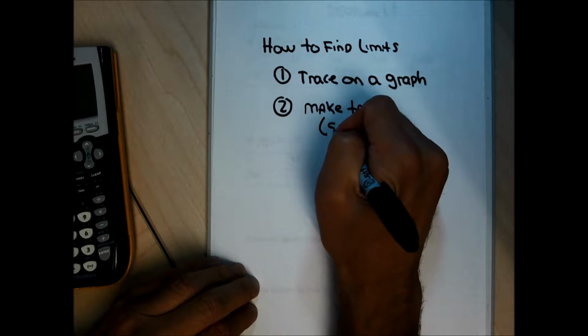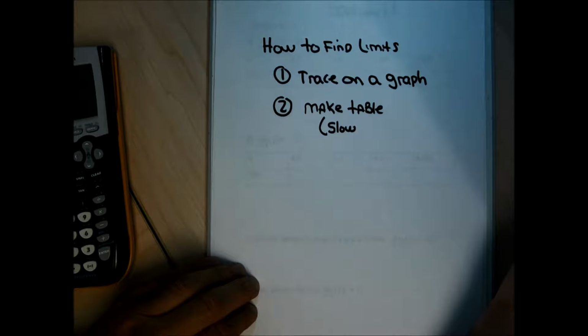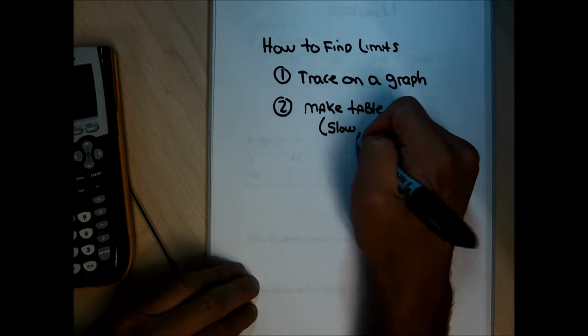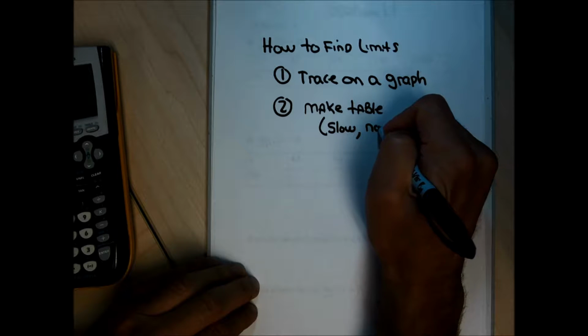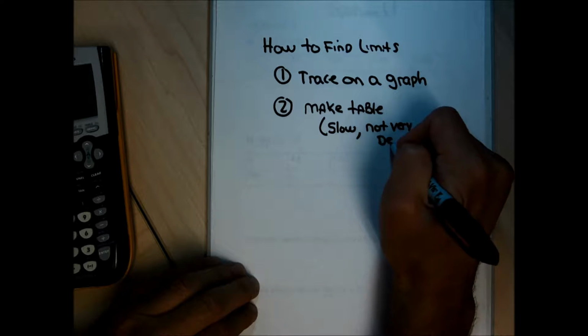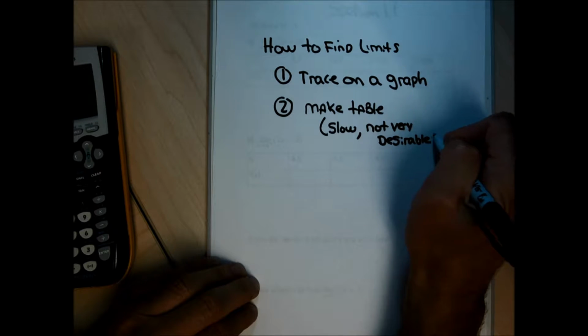This is slow and sometimes not very easy to find a limit from a table unless the limit's a really nice number. So it's not very desirable, but it definitely works. I don't think I could spell desirable, so sorry about that if that's spelled wrong.